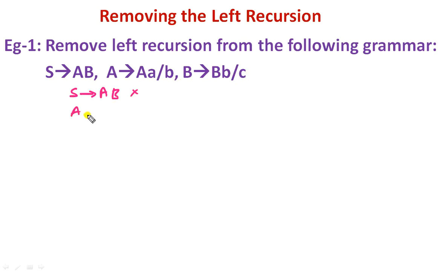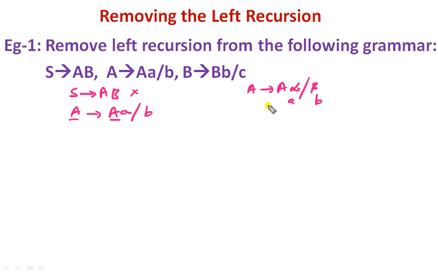The second production is A generates AA or B. Here you may observe that there is left recursion, and it is of the form A generates A alpha or beta. Here alpha is A, beta is B.